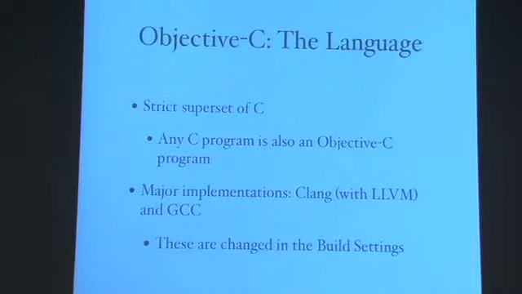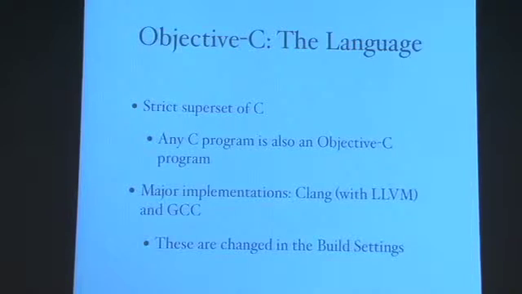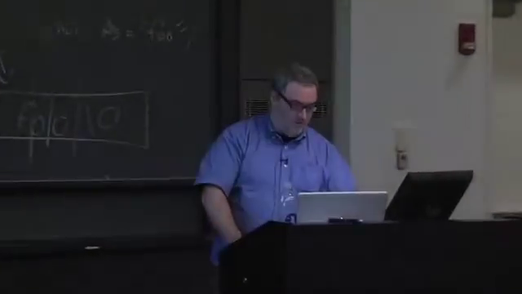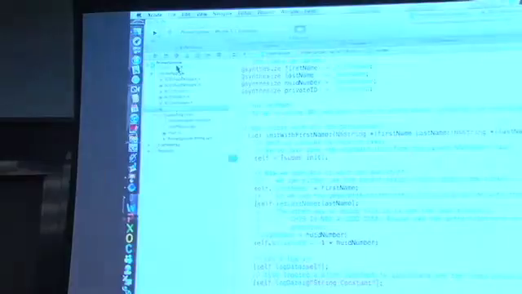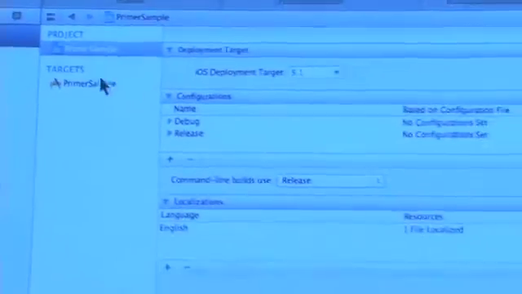One area that David talked about a little bit was Clang, but not how to change which compiler you're using. So that's done for any project that you're creating. Let me make this a little bit bigger. You can change your build settings and choose a little bit more of your settings.